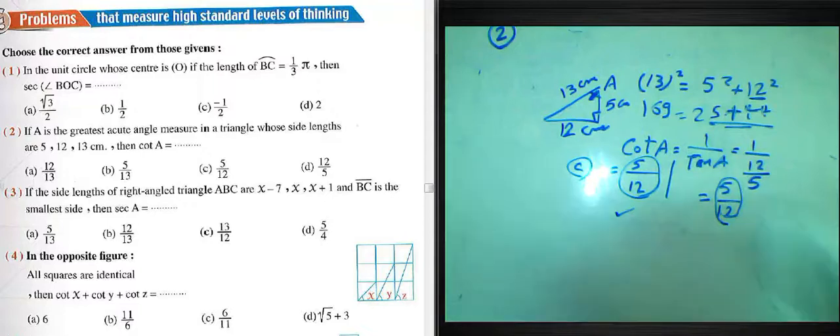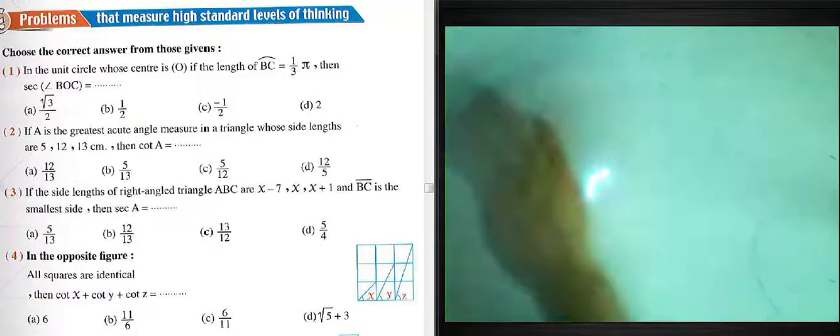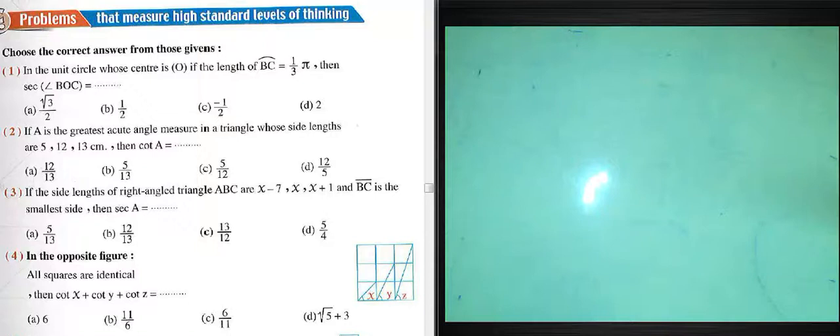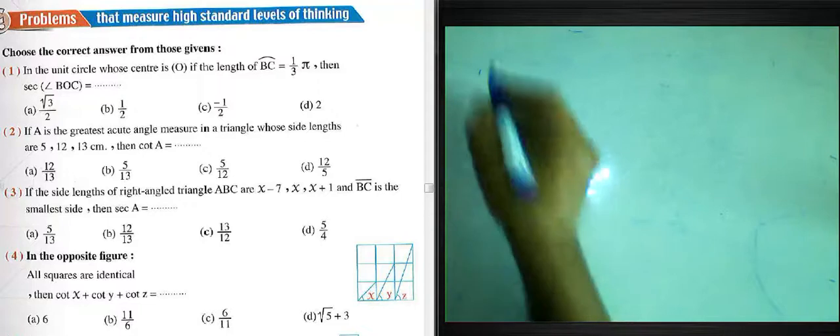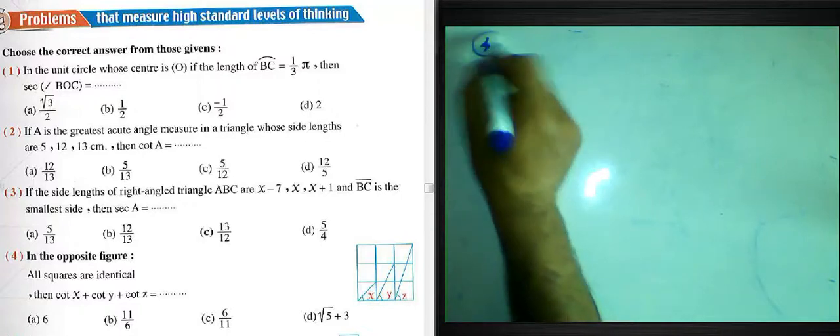Question number 3. If the side lengths of right angle triangle ABC are x minus 7, x, and x plus 1, and BC is the smallest side, then find sec A. Look with me at question number 3.